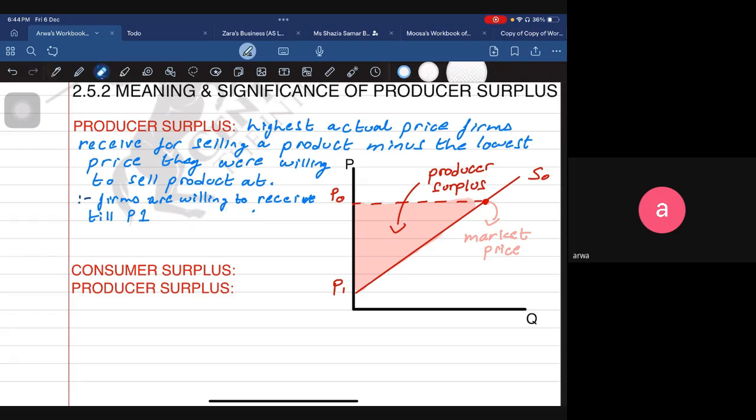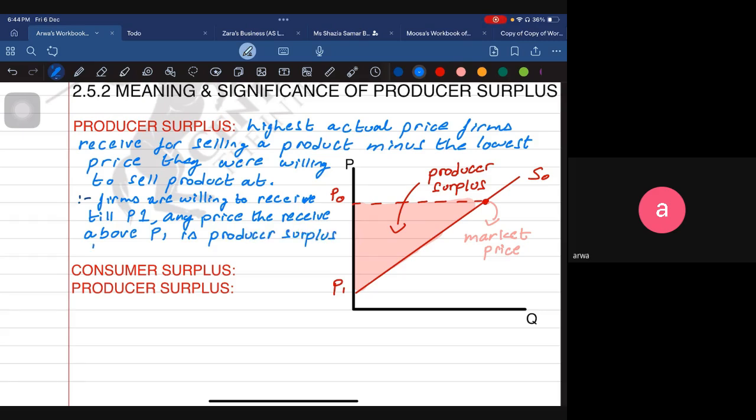Any price they receive above P1 is producer surplus, till the actual price P naught, because they can't charge higher than that. Yes, because then the consumers are not going to buy.